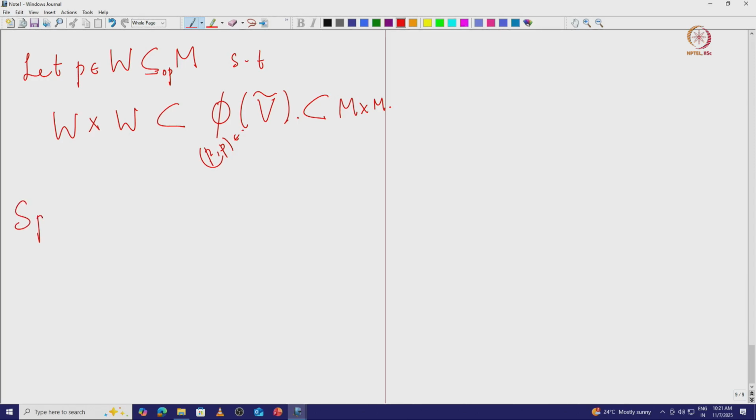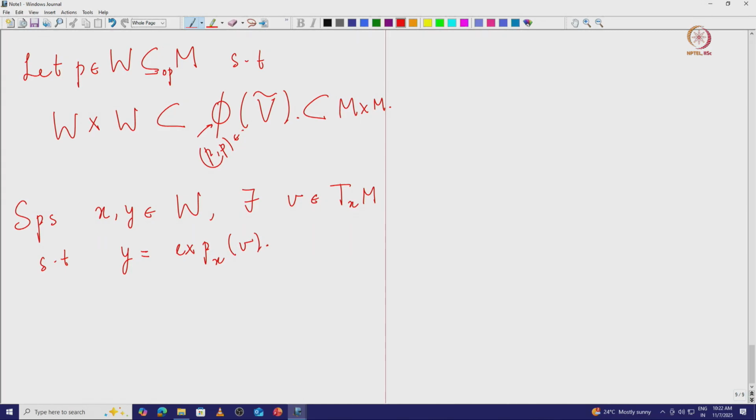So now suppose x and y are 2 points in W. Okay, then by definition, because they are contained in this set, there exists a vector v in the tangent space to M at x such that y is given by exponential of v at x.